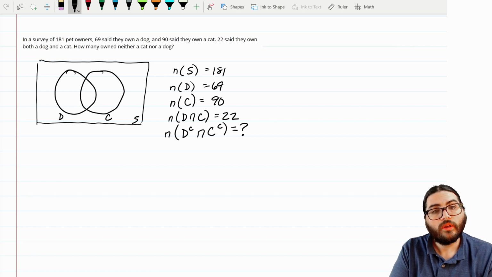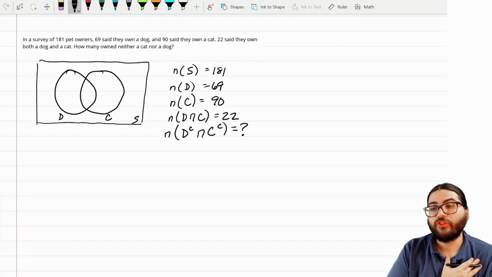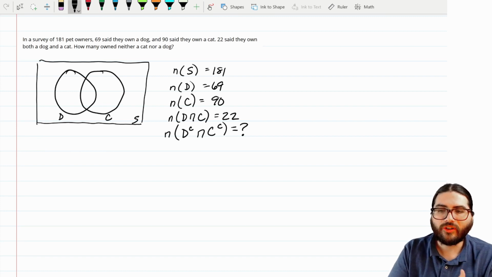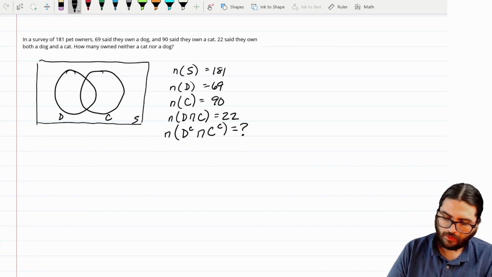Okay, well, let's start filling out some of this information. This Venn diagram has 2 sets in it, and so I will start with the most specific information. That is something which tells me about D and C. It doesn't matter if it's inside or outside, as long as it tells me about both at the same time, that will tell me about one of the specific subregions. It helps me get a good starting place.